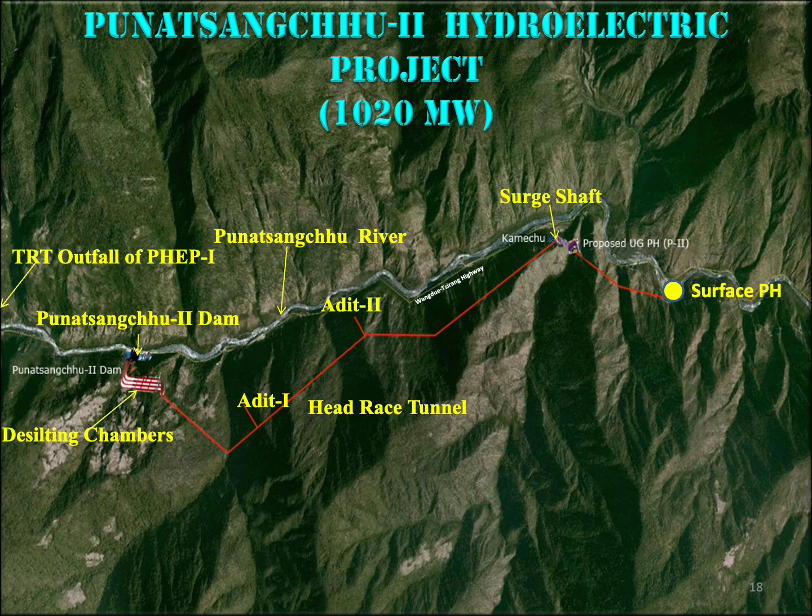There was a powerhouse earlier proposed as a surface powerhouse, but for some reasons it was decided that the powerhouse should be located underground, which necessitated introduction of a surge shaft and a tail-race tunnel, which was almost 3 kilometers long.